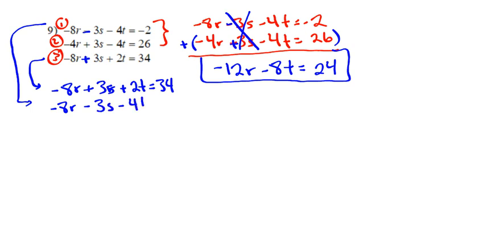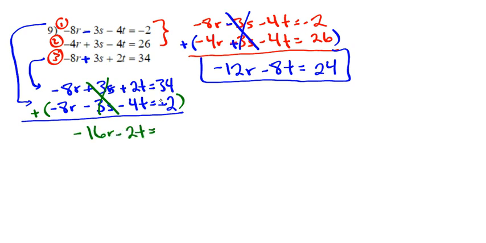And just remember, the reason we're pairing these up is so that we can eliminate a single variable. We want to eliminate the same variable. Okay. I have opposite signs, so I'm going to add to eliminate the s's. And what will result is negative 16r minus 2t equals 32 here.